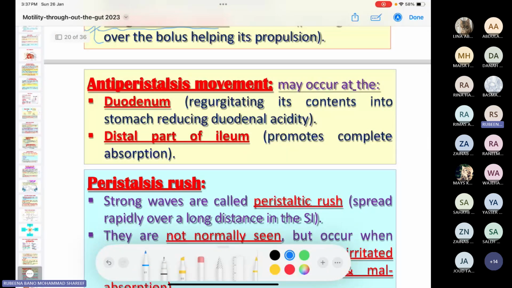Then, as I said, the second movement is anti-peristaltic movement, meaning opposite to peristalsis. It can occur at the duodenum and distal part of the ileum. Now, what is the use of this movement? Anti-peristalsis means it is going from the anal side towards the oral side.